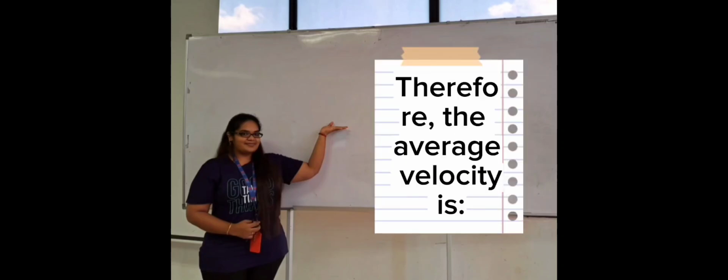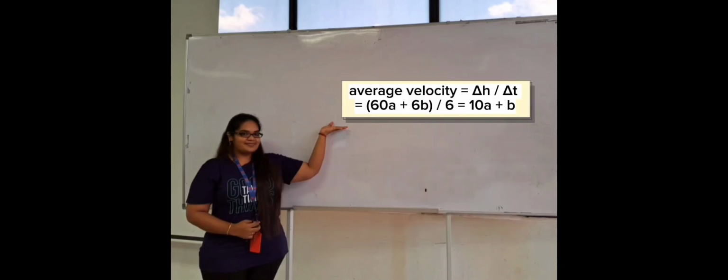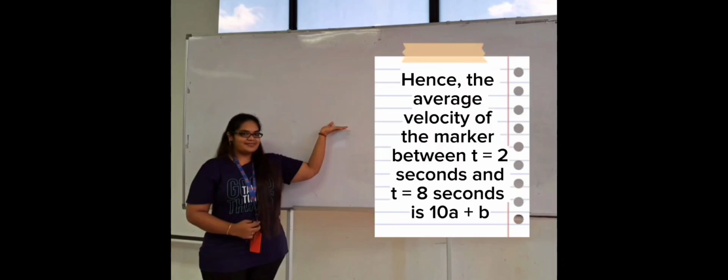Therefore, the average velocity is Δh over Δt equals (60a plus 6b) over 6 equals 10a plus b. Hence, the average velocity of the marker between t equals 2 seconds and t equals 8 seconds is 10a plus b.